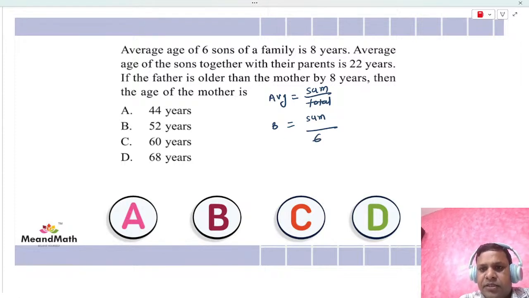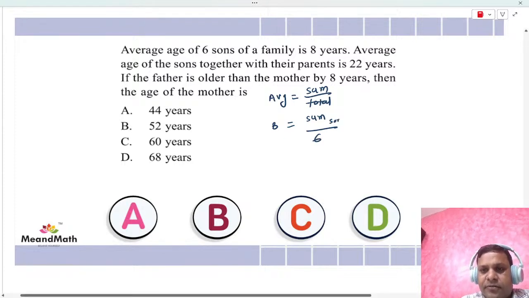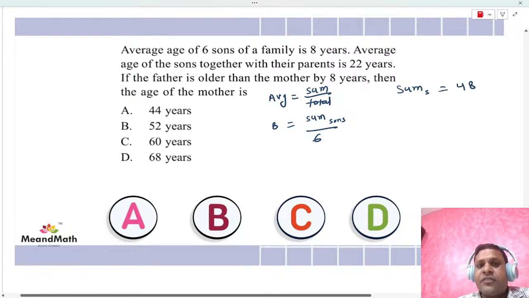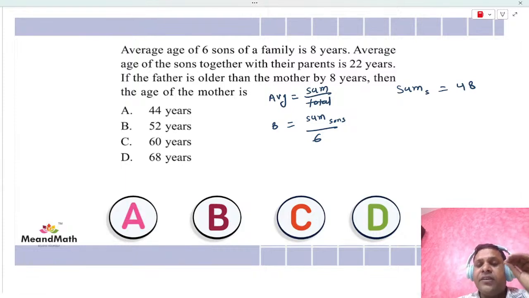We are talking about sons, so sum of sons is equal to 48. Average age of sons together with their parents. Together with their parents means mother and father, so the number of family members is 8 here.